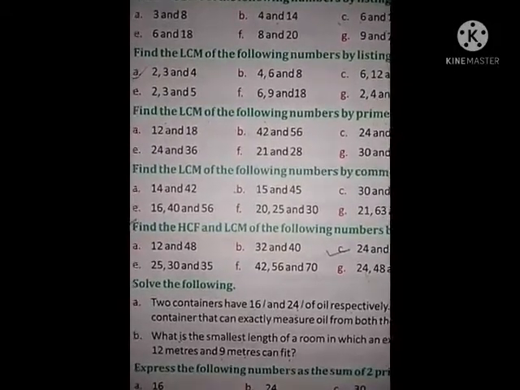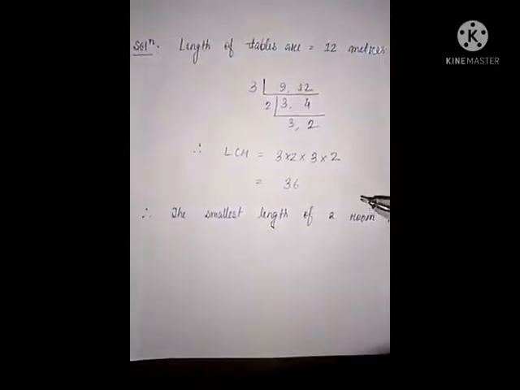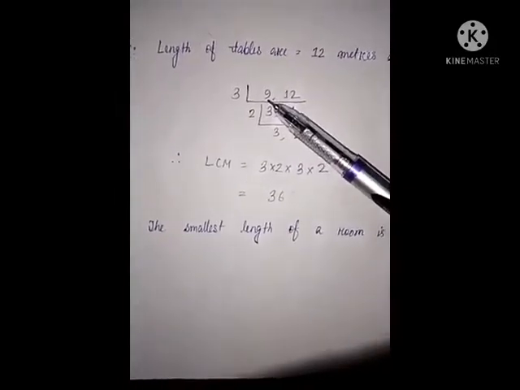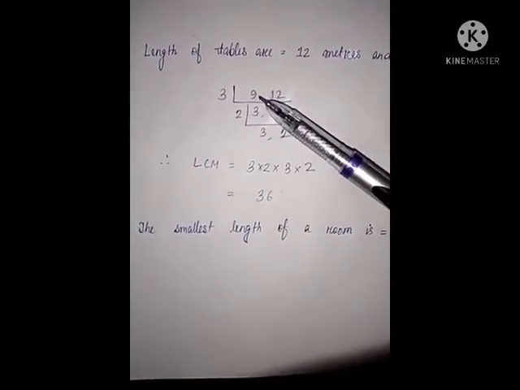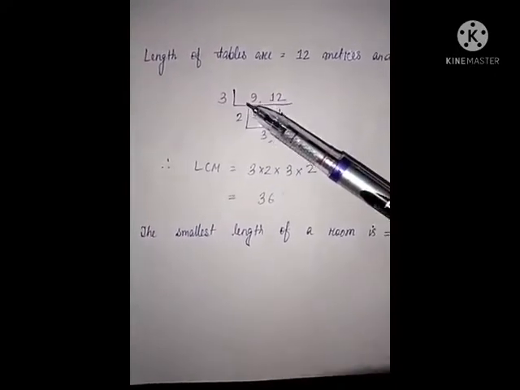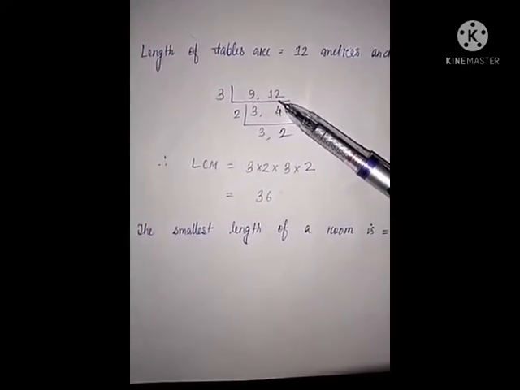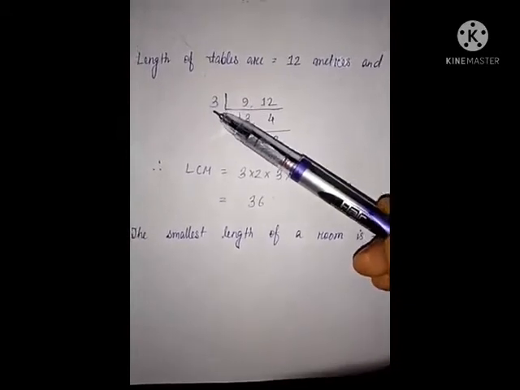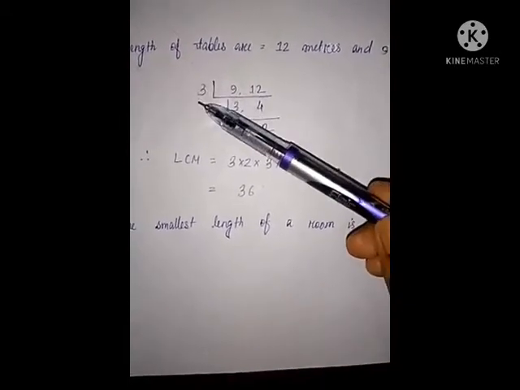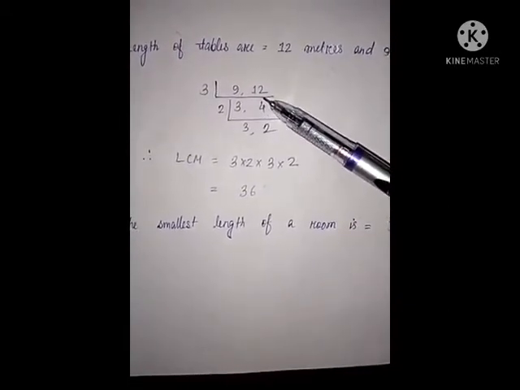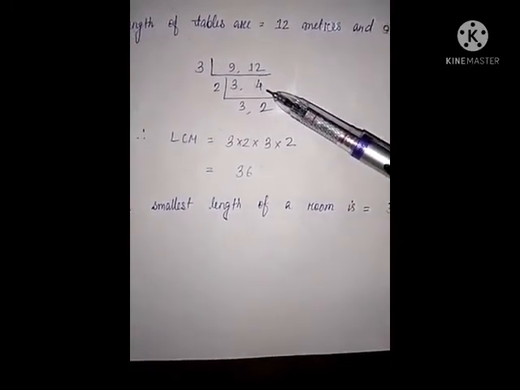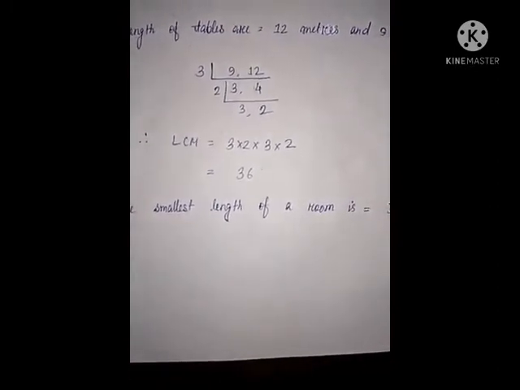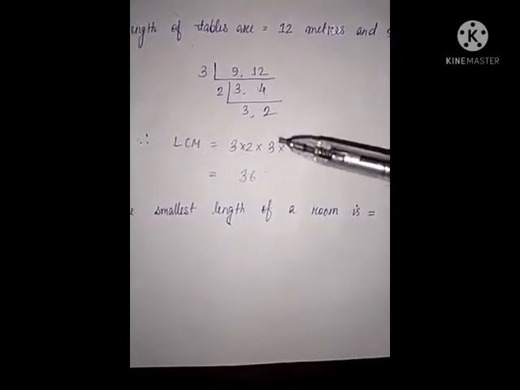See how to find the LCM. By division method, 9 and 12, we have to find the LCM of these two. Both these numbers are divisible by 3, so I have taken 3. 3 3s are 9, 3 4s are 12. Then 4 is not a prime number, so we have to find all the prime factors.